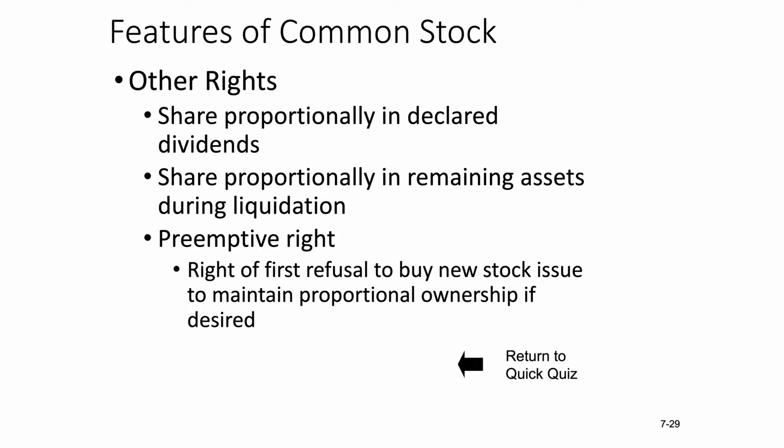Also, common stock has preemptive right. What is preemptive right? Preemptive right is the right of first refusal. So if the company currently has 100 shares outstanding, Mary has 60 shares, John has 40 shares. Mary is a majority shareholder. If the company decides to issue an additional 100, they will offer that to Mary first.